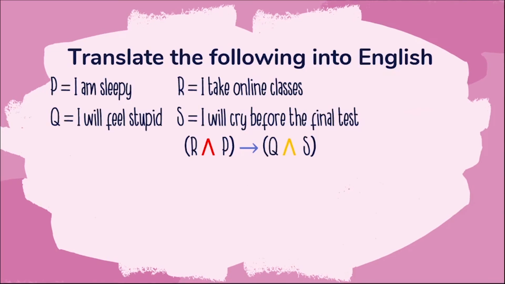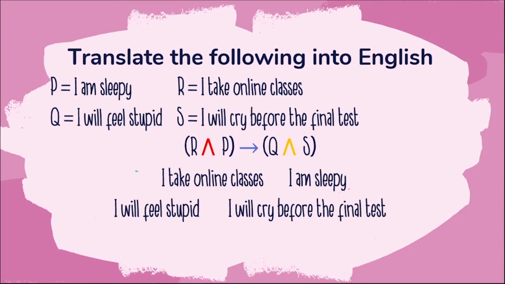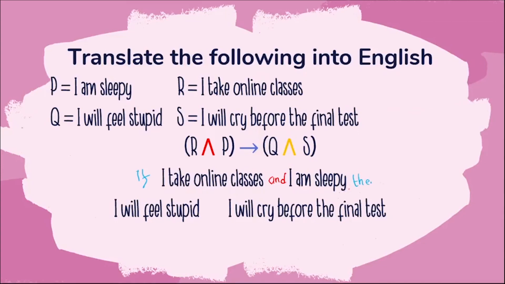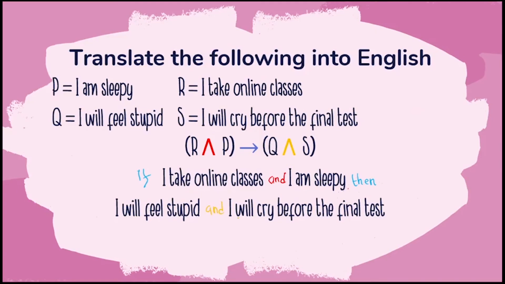I am just going to read this out: R and P, arrow, Q and S. And this can be translated to: if R and P, then Q and S. If I take online classes and I am sleepy, then I will feel stupid and I will cry before the final test.